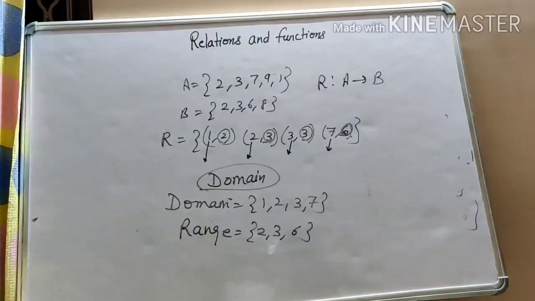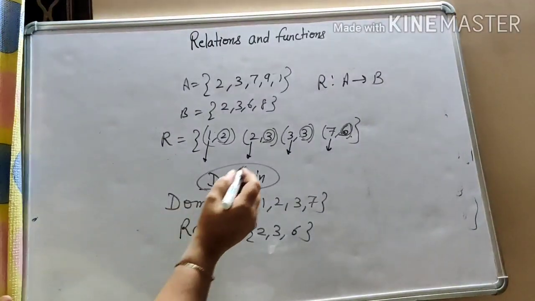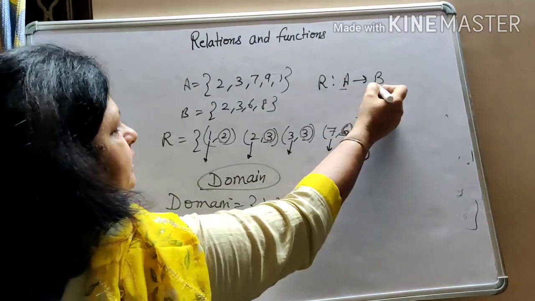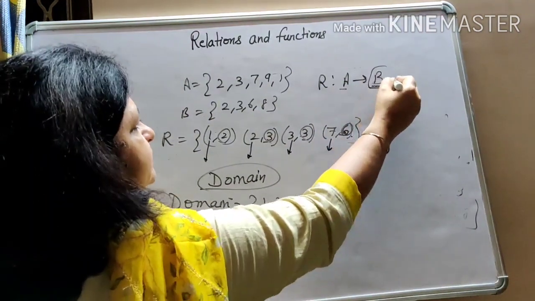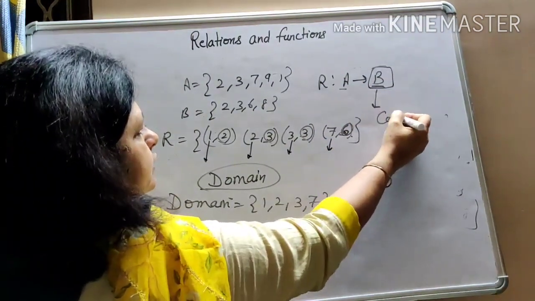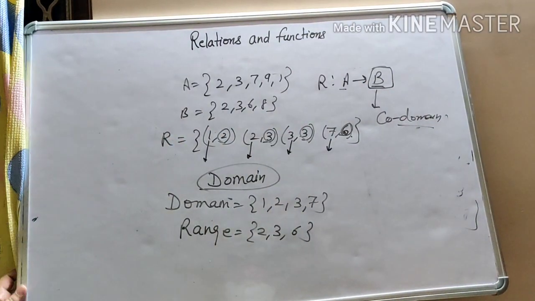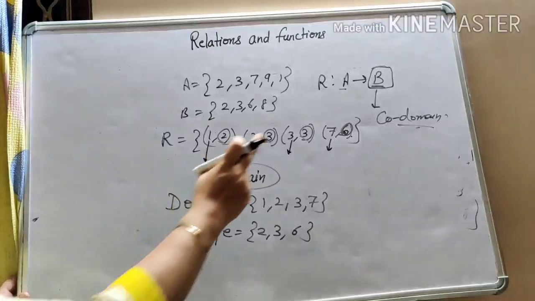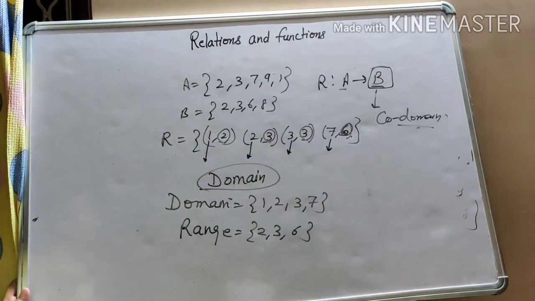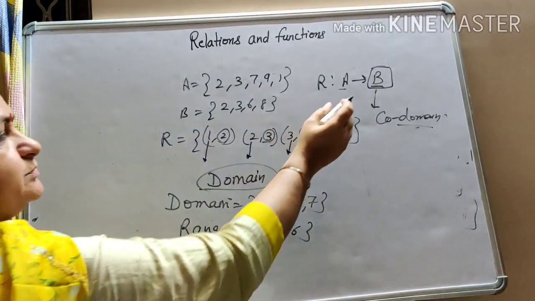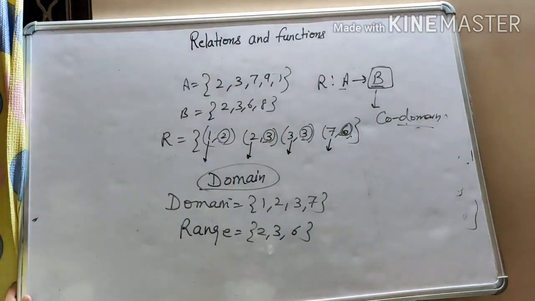Now what is codomain? If we are talking about relation is from set A to set B, then set B is called codomain.